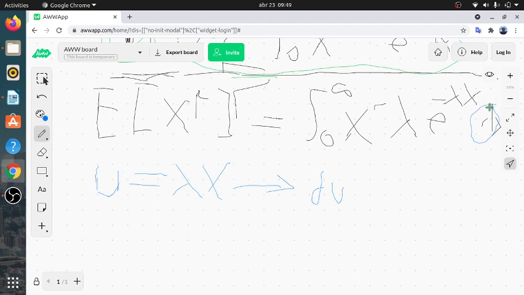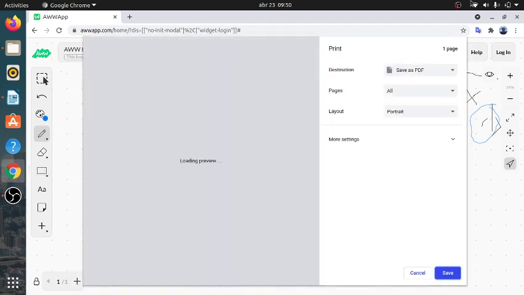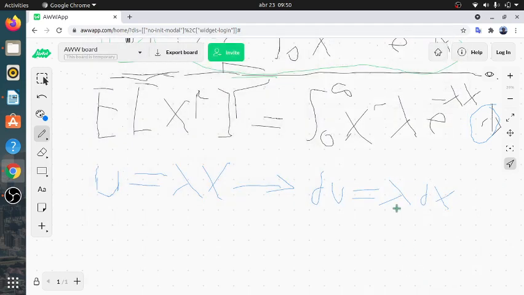So du is the same as lambda dx, and the reason for that is that we just differentiated both sides. X is a variable, lambda is a constant, so we obtain du equals lambda dx.